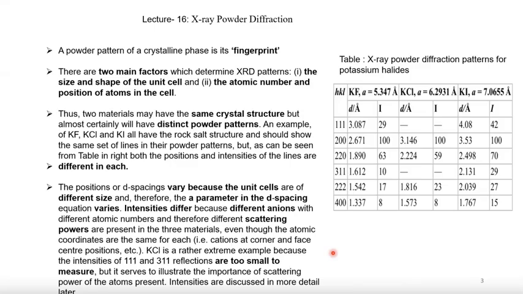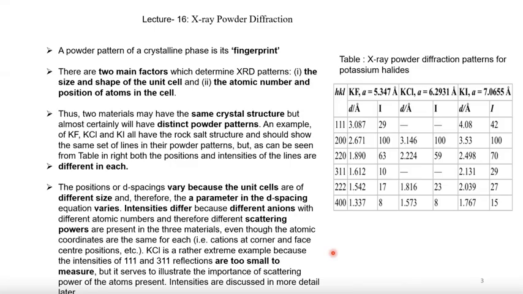The first one is the size of the unit cell. And the second one is the atomic number and position of the atoms in the unit cell. We have discussed the unit cell, we have discussed space groups, and we talked about atomic positions in space groups also. So these are the factors which will dictate the X-ray powder pattern.